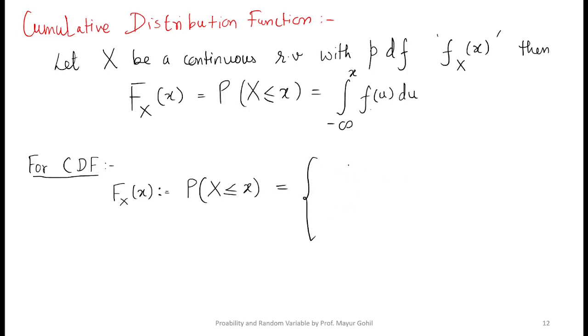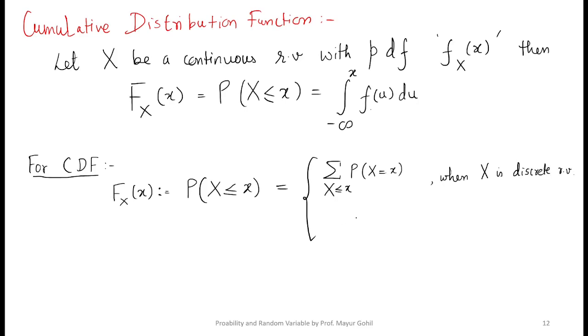The first formula is the summation of p of x equal to x, where capital X is less than or equal to x. That is the formula that we have when X is a discrete random variable.